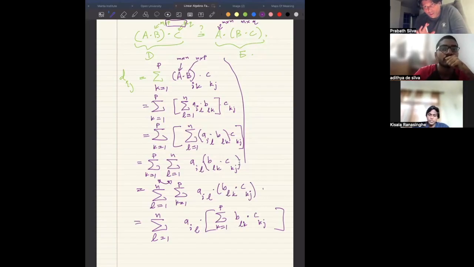So you can go in and you see a computation.